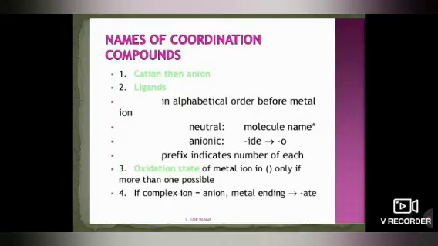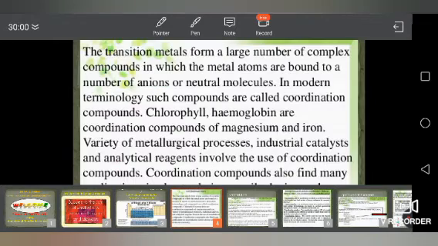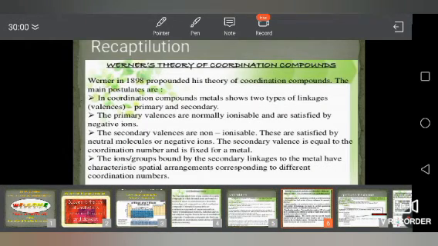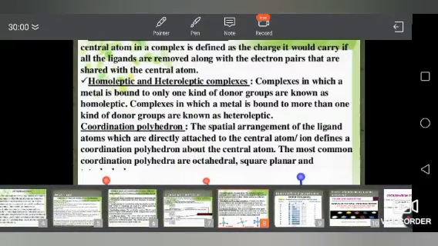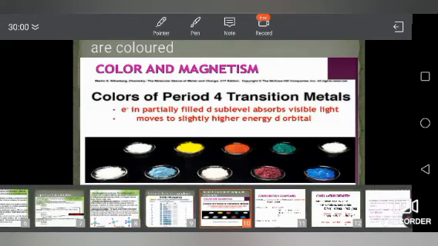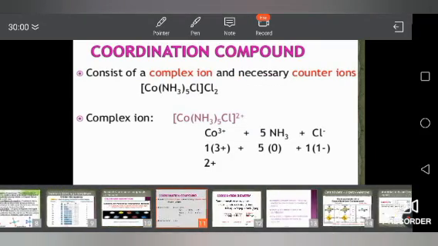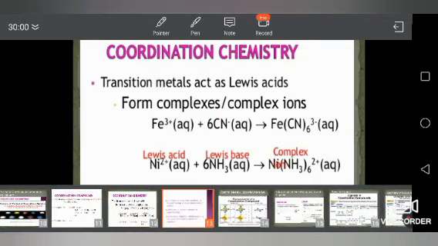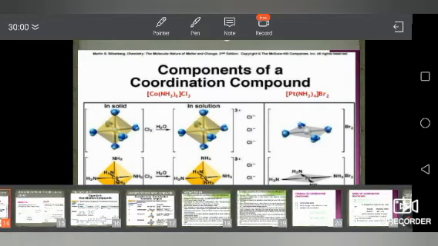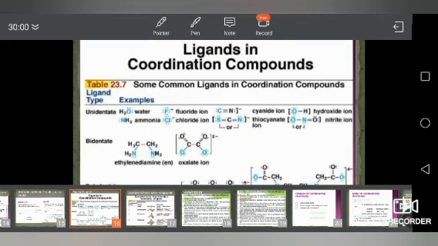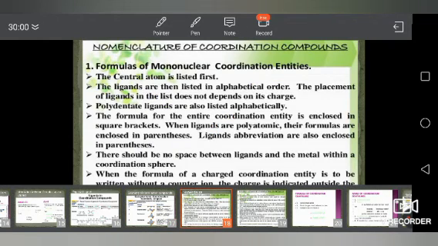We did again the introduction of coordination compounds. From where we started: this is the introduction, this is the recapitulation of Werner's theory, we did important definitions, we did ligands and their types, polyhedron and homoleptic, heteroleptic, then the reason for large complexes, the reason for color in compounds, what is a coordination compound, what is coordination chemistry, then the complex compound, the basic components of coordination compounds, the complex ion and ligand, then different types of coordination numbers and shapes, then we started nomenclature rules.